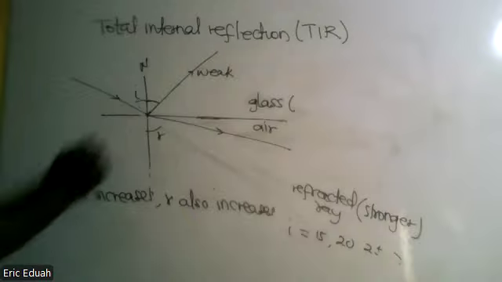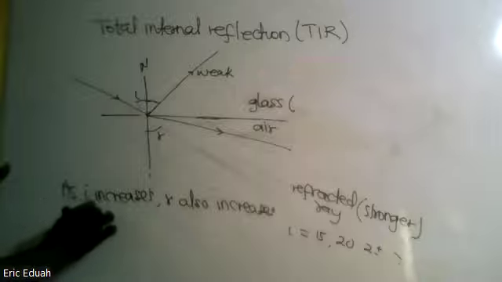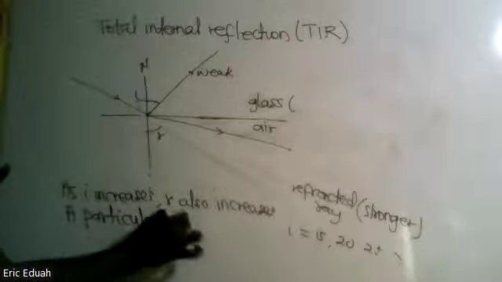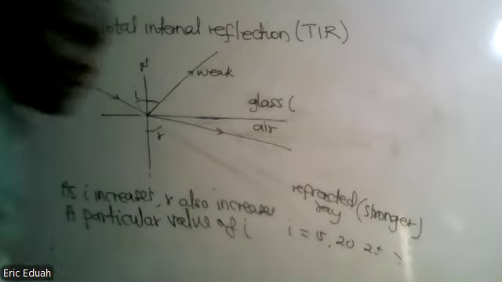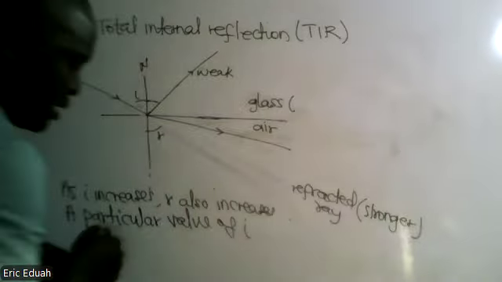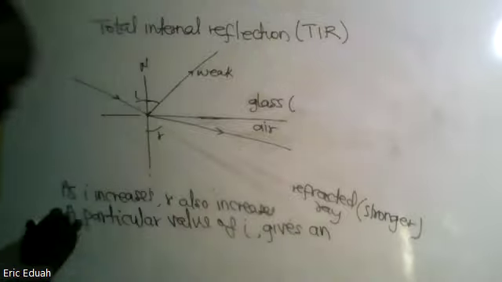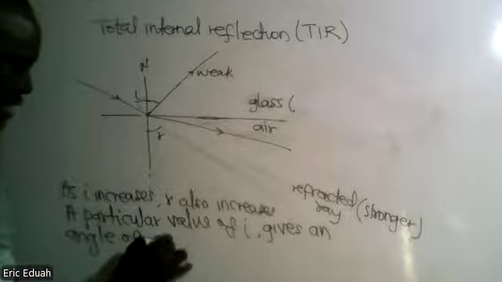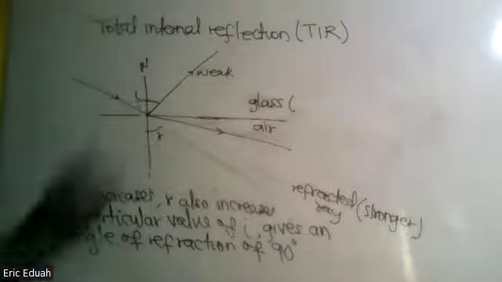Now, a particular value of I gives us an angle of refraction of 90 degrees.